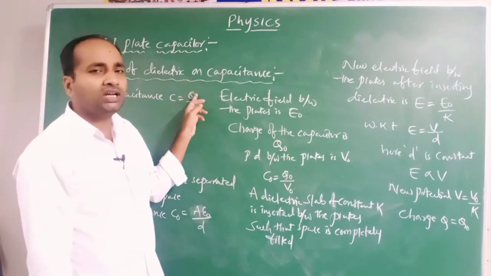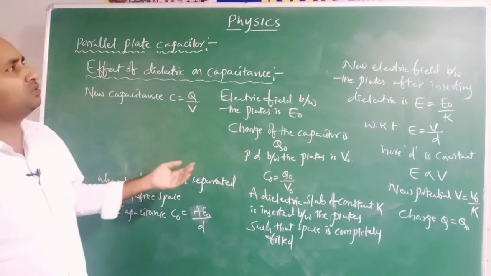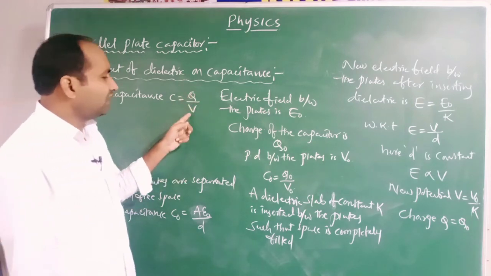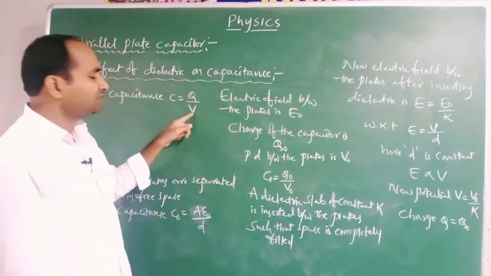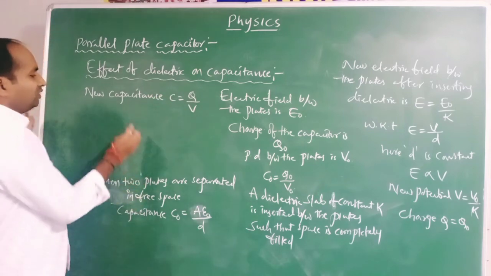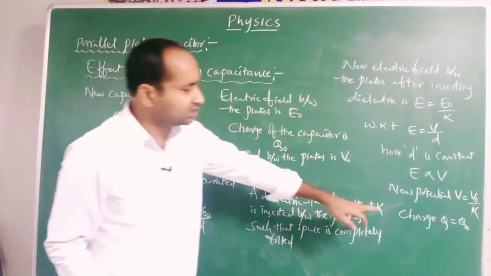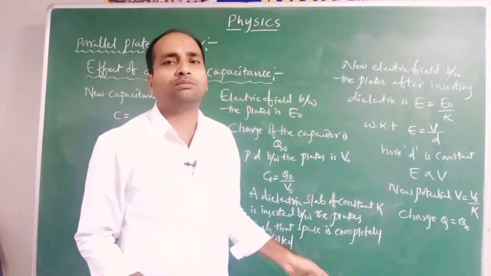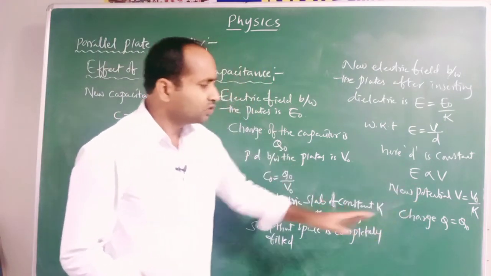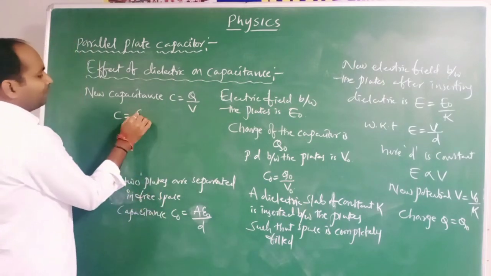Q is the charge of the capacitor and V is the potential after introducing the dielectric slab. The charge cannot alter by introducing the dielectric, so it remains Q naught.